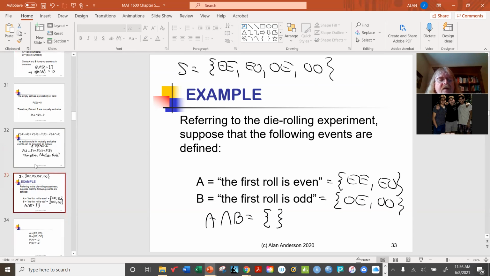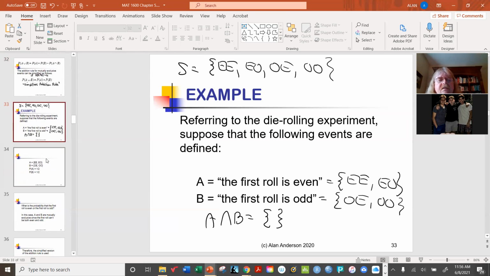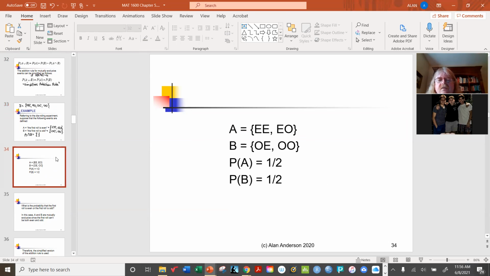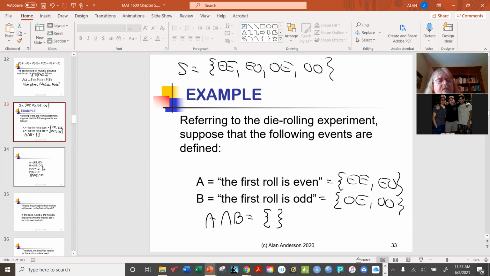And so that means if I want to know the probability of A union B, I can use the simplified version of the addition rule, okay? And here we'll note that the probability of A is 1/2 or 2/4. And the probability of B is also the same. The probability of A intersect B, we already know, is equal to 0. All right, so what's the probability of getting either of these two outcomes?